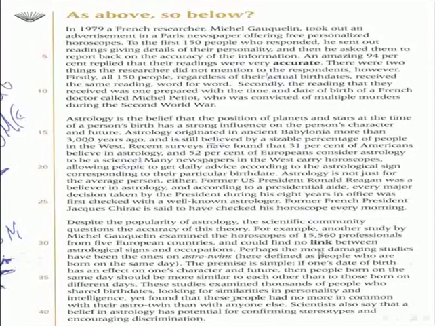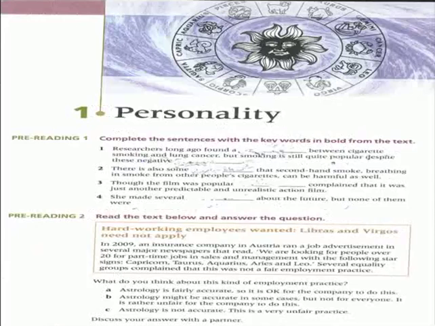Here, we have another word in bold, link, and also in the next page. So first what you do, you have a look at these words, and then go back to the exercise, this one, and you complete these spaces from those words which are written in bold. So complete the sentences with the keywords in bold from the text.